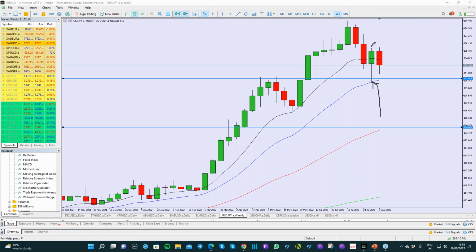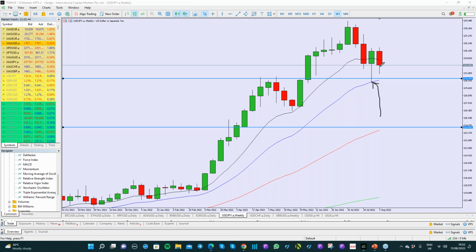However, we have not had follow through. Whereas on that US 500 market, we had follow through, there was a strong bullish candle followed by another bullish candle that took out the highs. So far this week, price has not taken out the highs of this bullish candle. So the bulls were in charge last week, but the bears have come back into play this week.